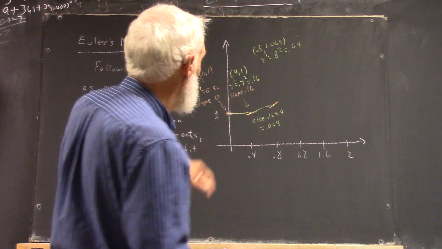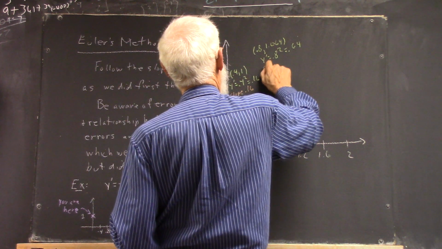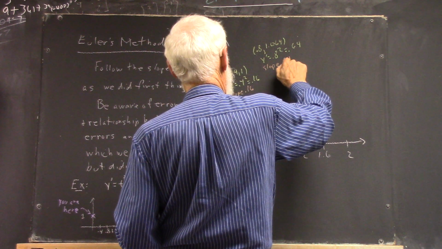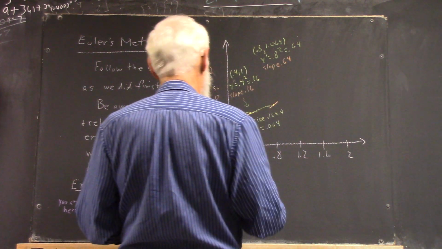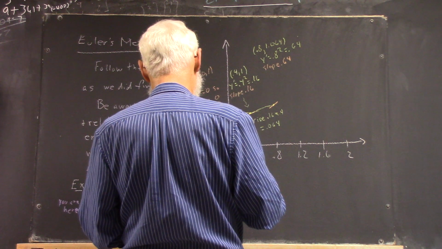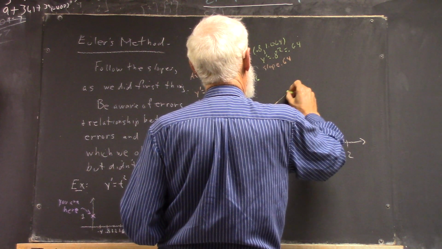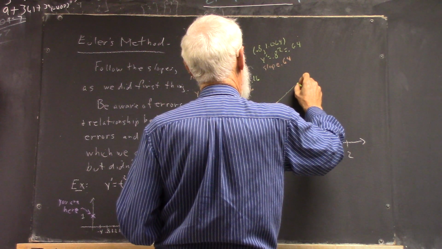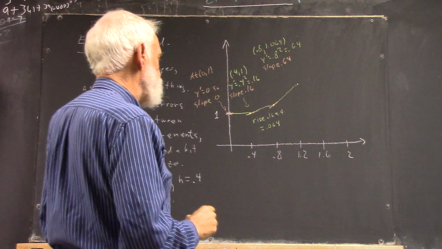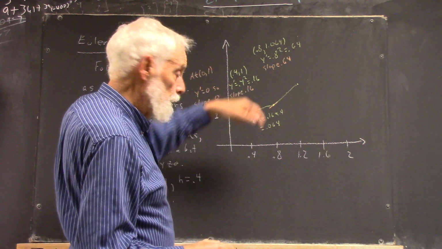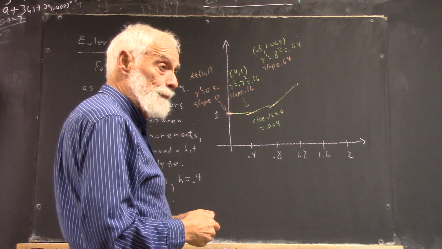Okay, but here the slope is 0.64. And we follow that slope for 4/10 of a unit, which feels way off because my slopes are. Okay?